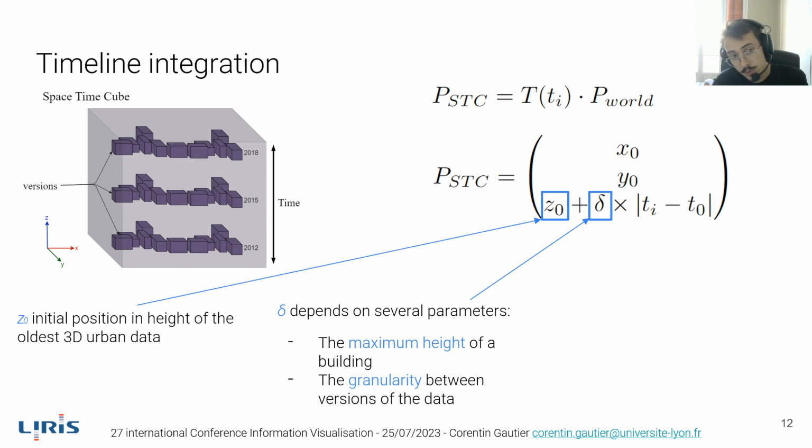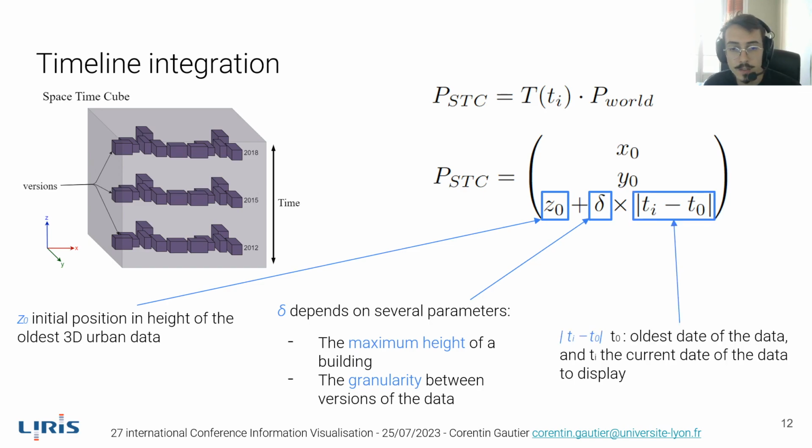So we need to add this little gap to place more space, and the space-time cube will be easier to understand, and so on. And this is multiplied by the gap between the two states of the data.